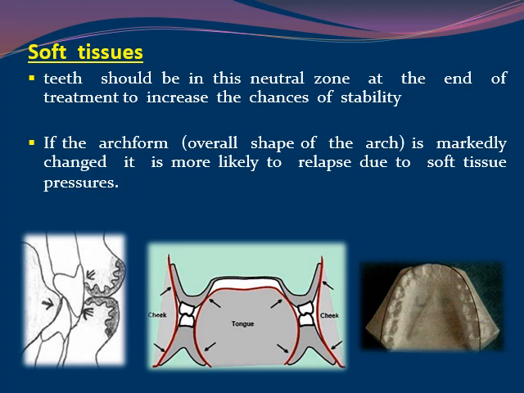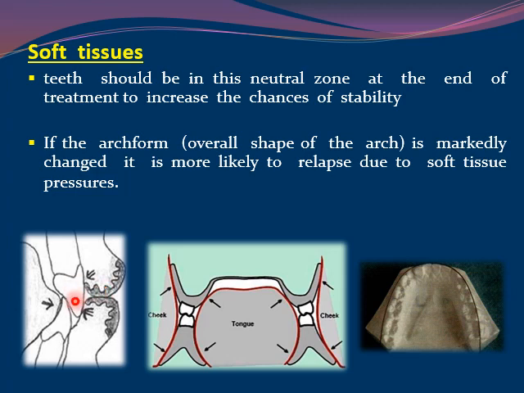To explain that more effectively, such as in cases when we correct the overjet, as in class 2 division 1 malocclusion, when the upper incisors are proclined, the upper incisors should be retracted so that they fall under the control of the lower lip, to prevent the lower lip from acting behind the upper incisors and causing proclination of them, resulting in relapse.